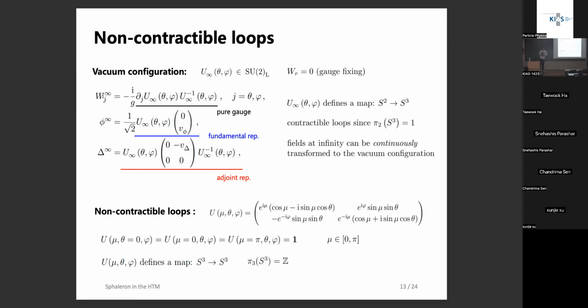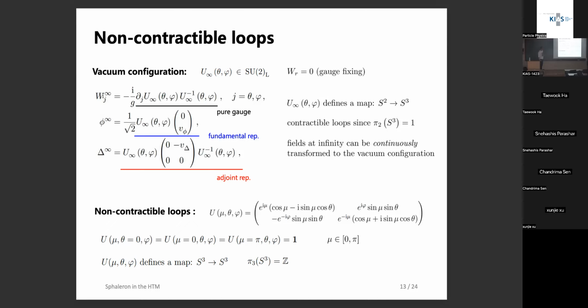But this is not what we are looking for to find the Sphaleron configuration. In order to construct the non-contractible loops, we need to introduce one additional parameter called mu. We can explicitly construct the unitary transformation matrix, which now has 3 arguments: mu, theta, and phi.